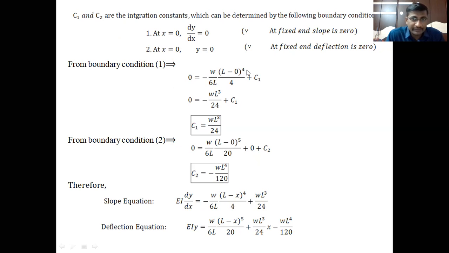From this, (L minus 0) whole power 4 by 4 means L power 4 by 4. So L power 4 in the numerator, L in the denominator, then L cube remains in the numerator. So minus W L cube by 6 into 4 is 24, plus C1. From this expression, C1 is equal to W L cube by 24. It goes to the other side and becomes positive. So C1 is equal to W L cube by 24. Dear students, do you get my point?